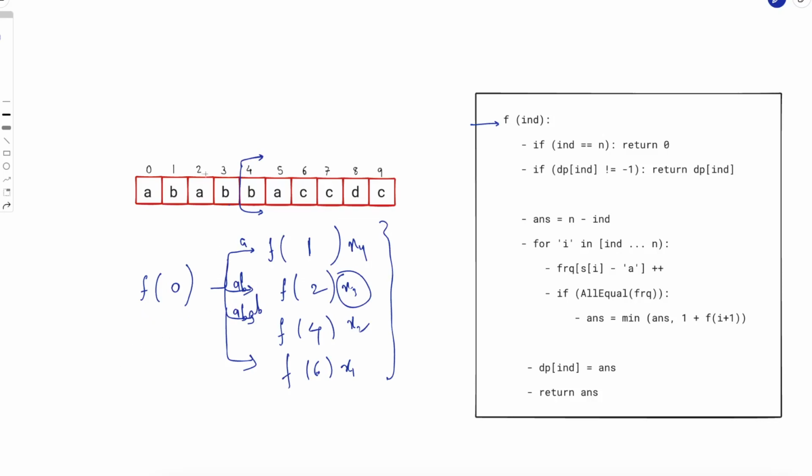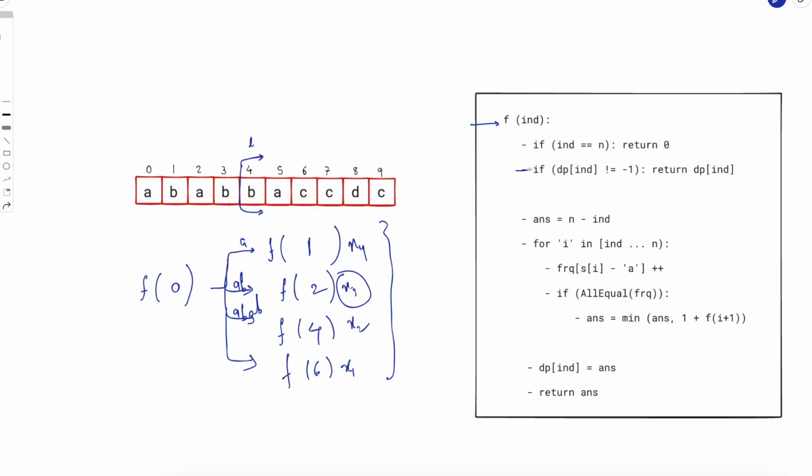So you can simply maintain an index I, which will denote what is the remaining string you want to partition into the minimum number of partitions, right? So f of index denotes the minimum number of partitions to partition the string starting at index I and beyond. Now if index is completely exhausted, there is nothing to partition, so you will simply return 0.